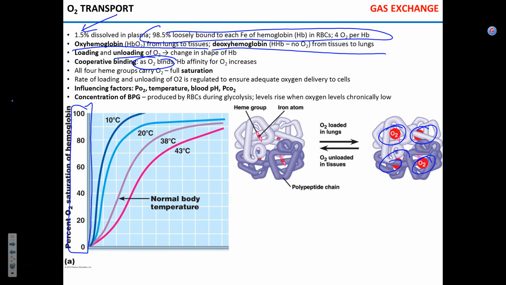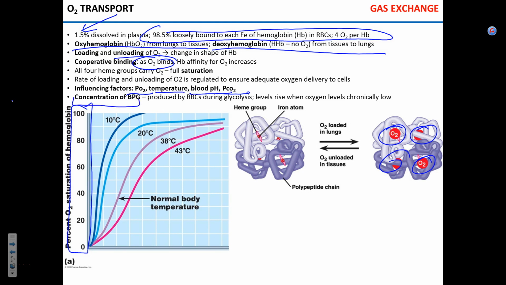Now, the rate of unloading and loading of hemoglobin defines how much oxygen will be delivered to the cells. And the factors that influence the loading and unloading of hemoglobin are concentration of oxygen, concentration of CO2, blood pH, temperature.